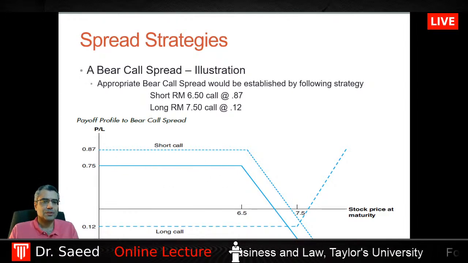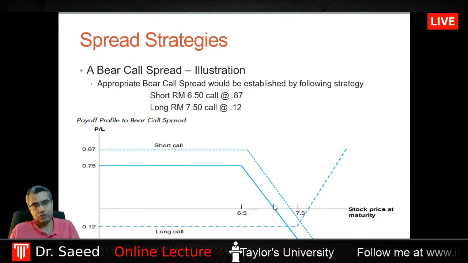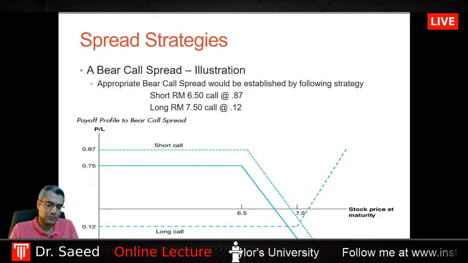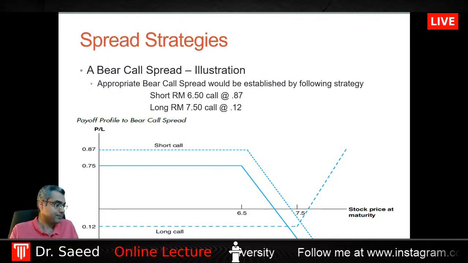This means your profit and loss are here. So you have limited your loss to 25 cents, and here it means you're moderately bearish. This means that if the price goes down a bit, you have some profit. Okay.